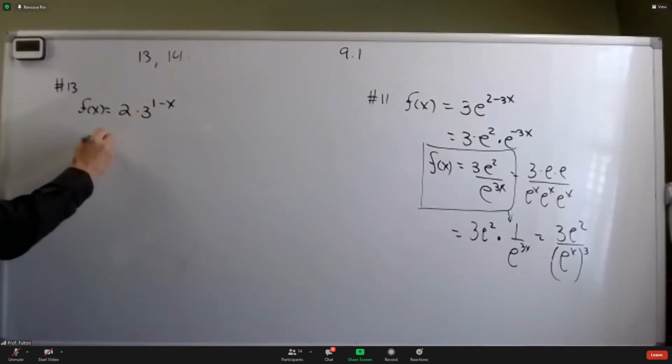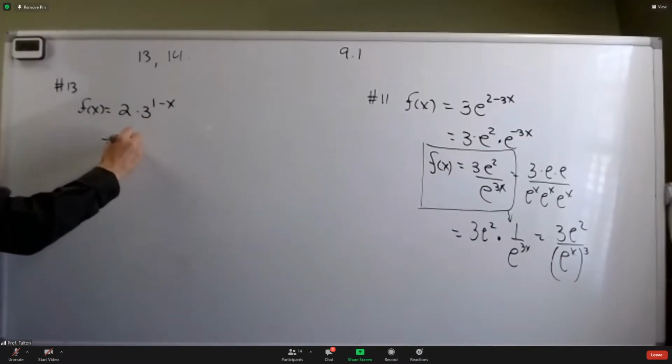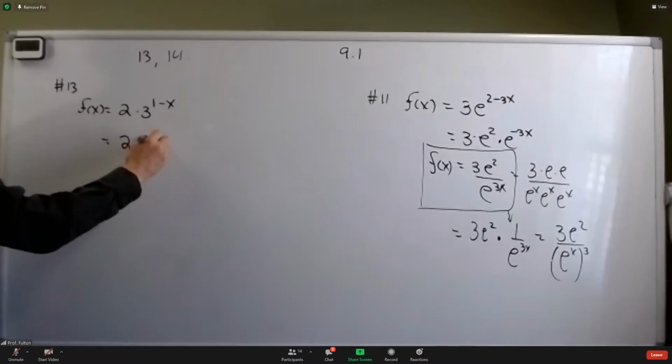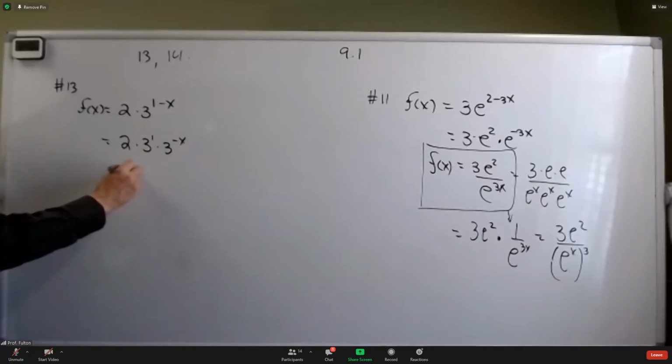And let's rewrite this by expanding that out. That's 2 times 3 to the first times 3 to the minus x. Well, that's just 2 times 3, so I can write that as 6 times 3 to the minus x.